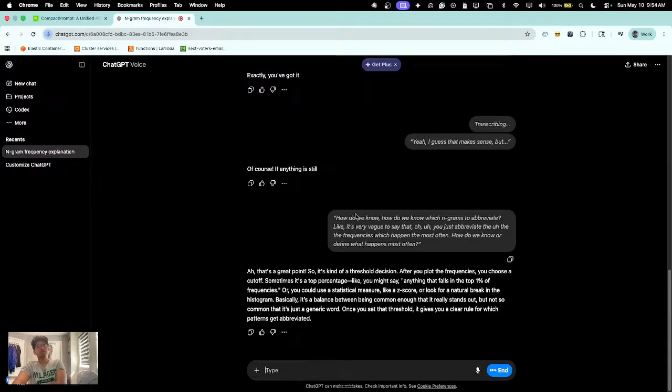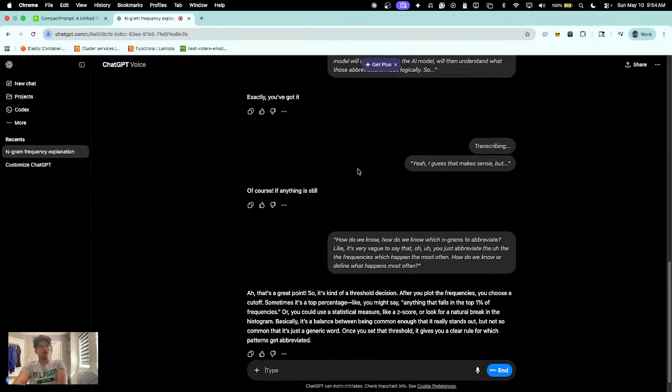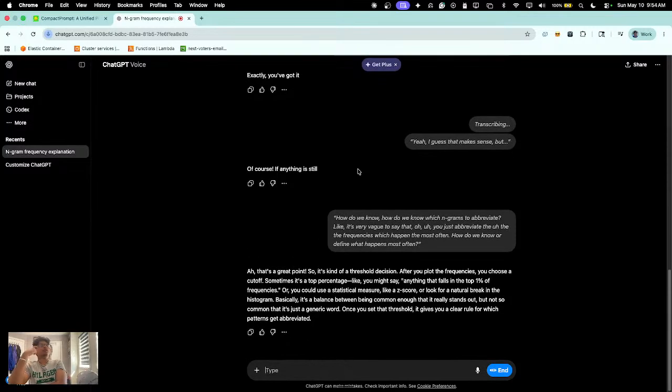It doesn't get abbreviated, but it gets clustered together so that when we put it into the algorithm, it will look for those specific words as patterns that happen, and then based off of that, we know which of the trigrams to abbreviate.